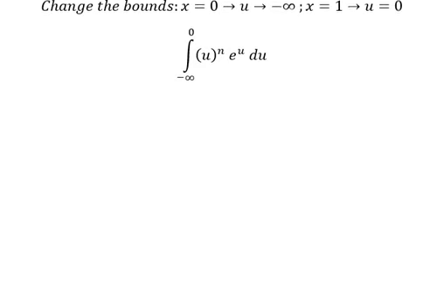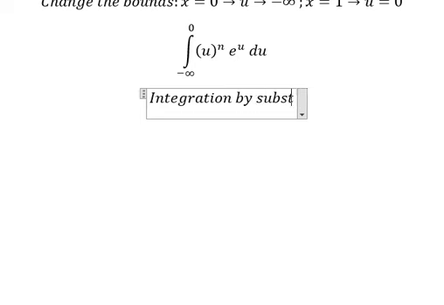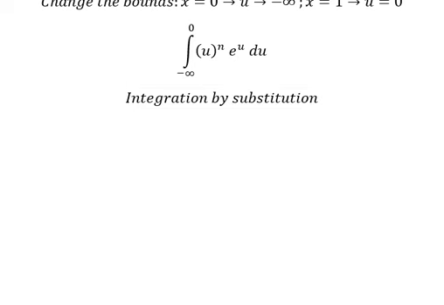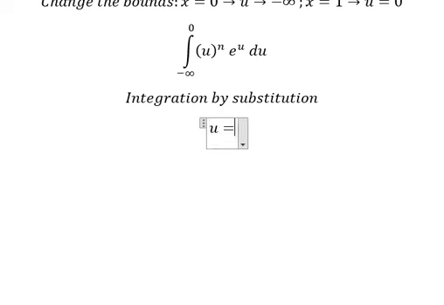Next, we can use integration by substitution. So I will put u equals negative t. Later we first take the derivative of both sides, and we have du equals negative dt.